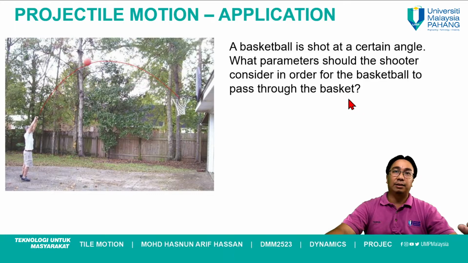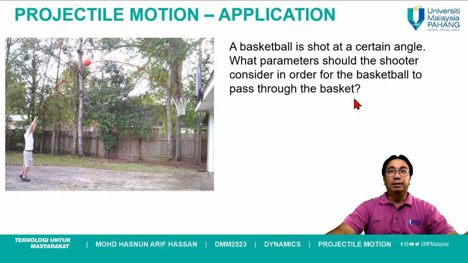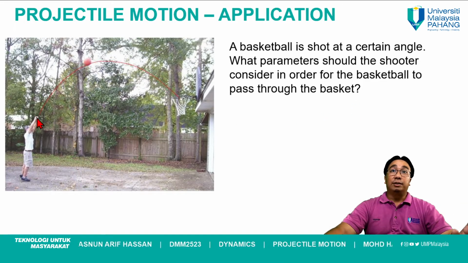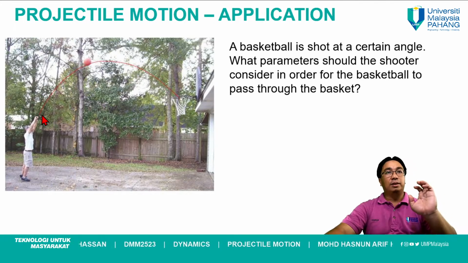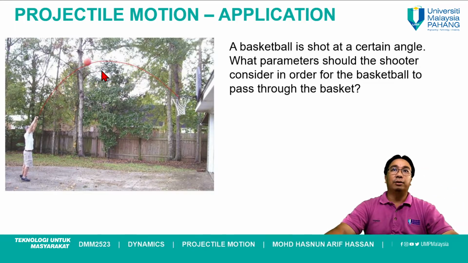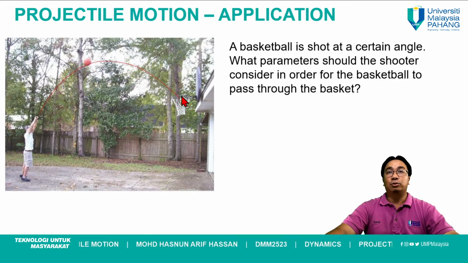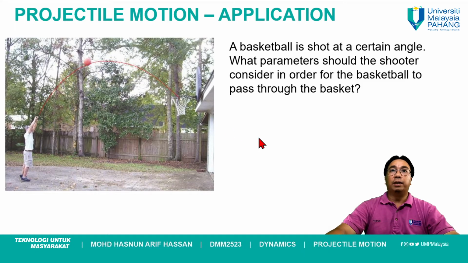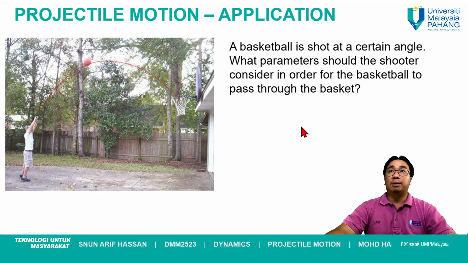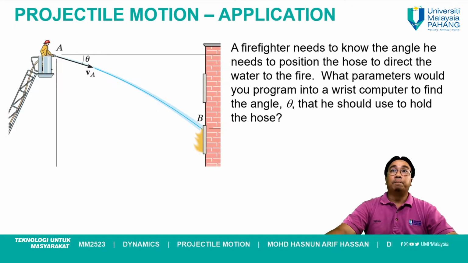Okay, parameter ni saya dah bagi tahu tadi lah, the angle, and then the velocity, the initial velocity, berapa velocity awal yang dia perlu bagi kepada bola tu supaya bola tu boleh travel in the correct line, correct trajectory, dan terus masuk ke dalam lubang ni. So that is one of the example of the application of projectile motion.